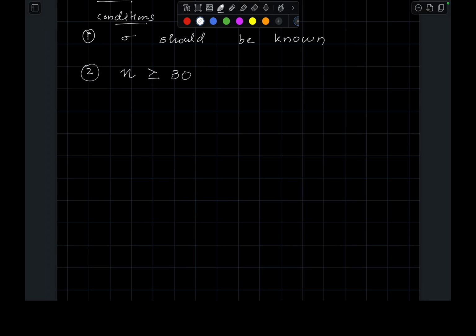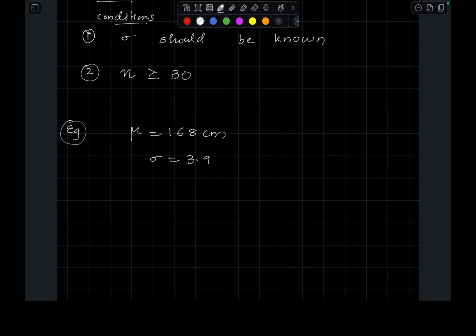So let's do an example. We will be clearer about how to calculate the p-value and how to check whether the null hypothesis stays or we should reject it. So let's consider an example. The example says that the average height of all residents in a city is 168 centimeters, with a standard deviation of 3.9.